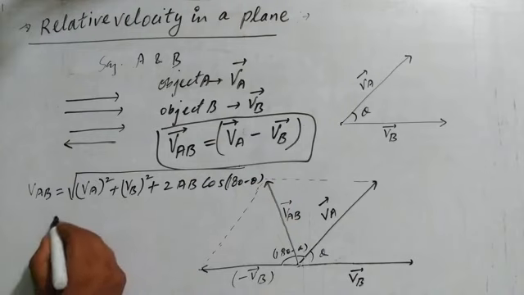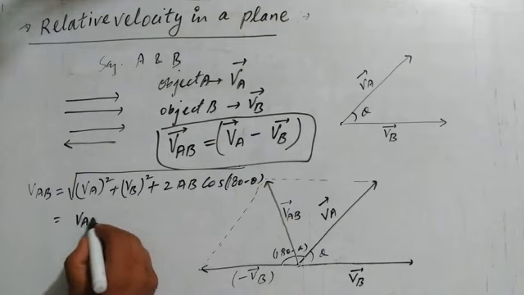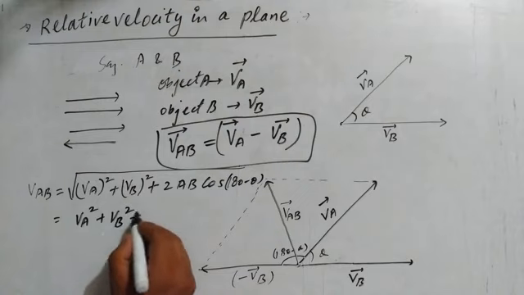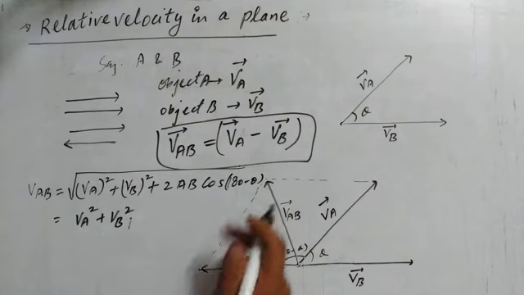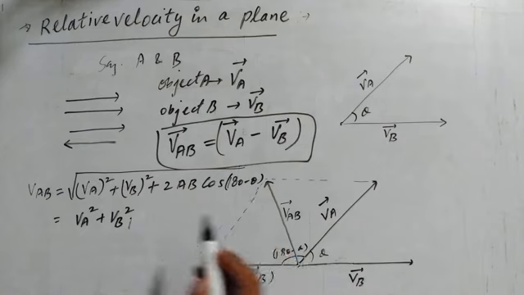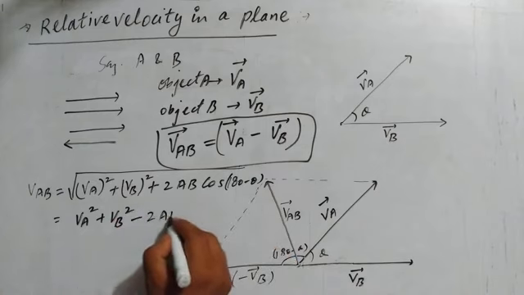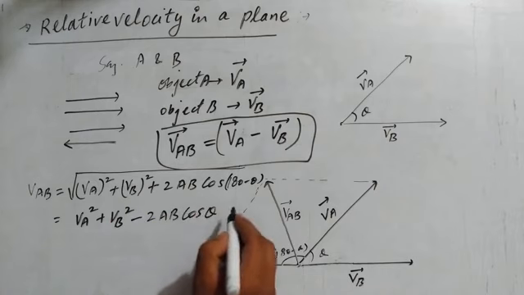So this becomes VA square plus VB square, and cos of 180 minus theta is equal to minus cos theta. So this becomes minus 2 VA VB cos theta.